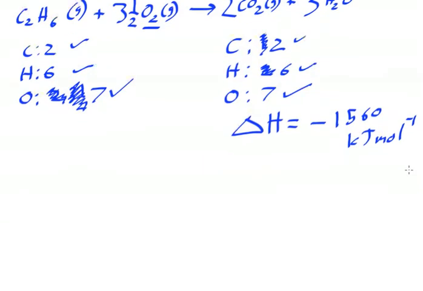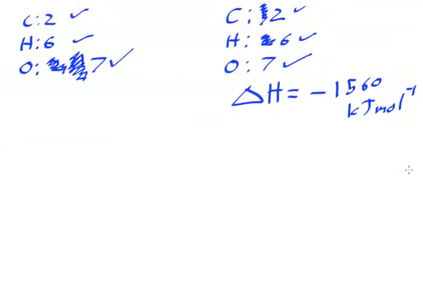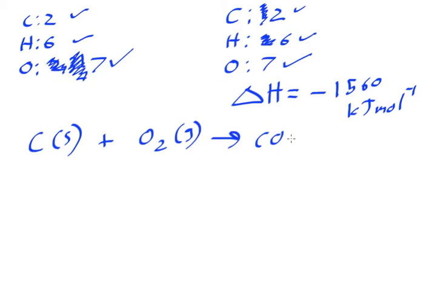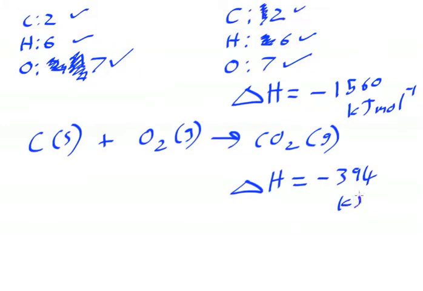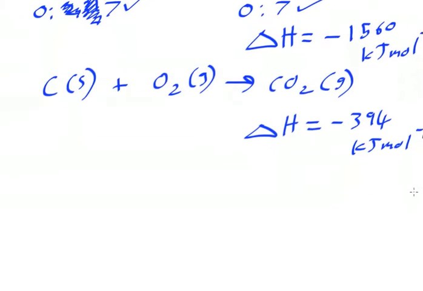Other information that is given to us in the question is what happens to carbon if we burn it. So carbon plus oxygen as a gas, if it burns it becomes CO2, which is also a gas, and the delta H is -394, and the units are kilojoules per mole. Okay, so that's one piece of info from the question.